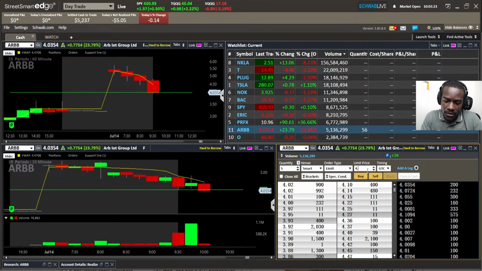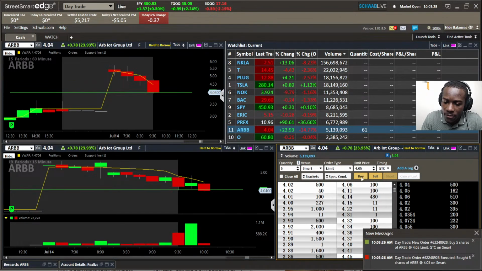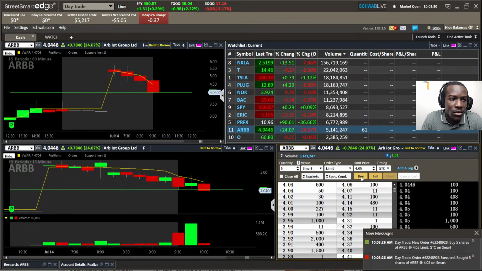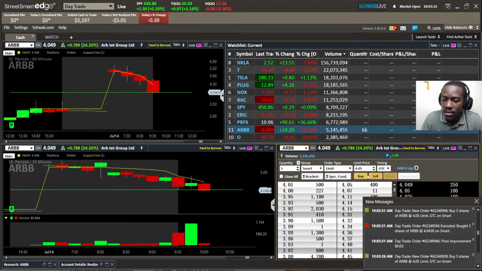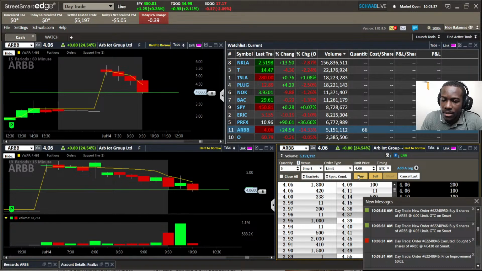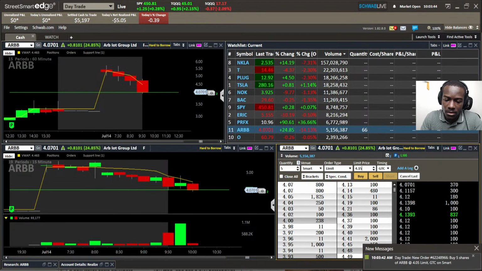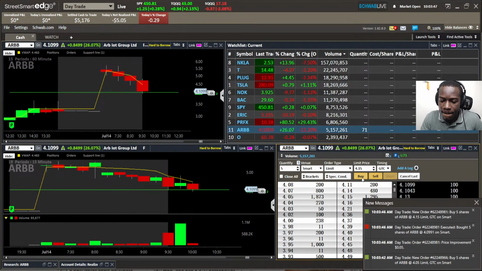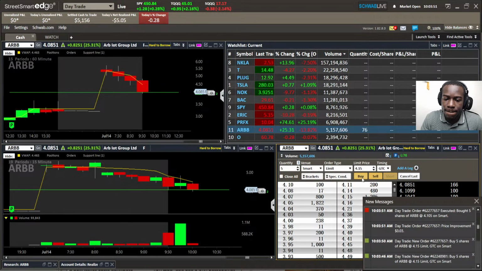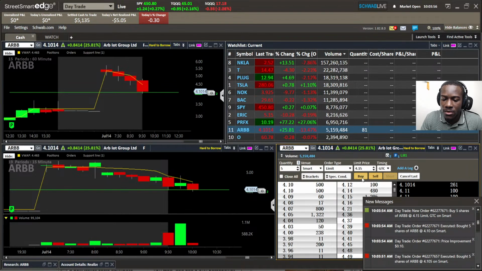Might even get the 405. Adding some 405, looking for it to hold at this point. This is the midway of the channel that we were looking at earlier. Getting some more down here towards these levels.